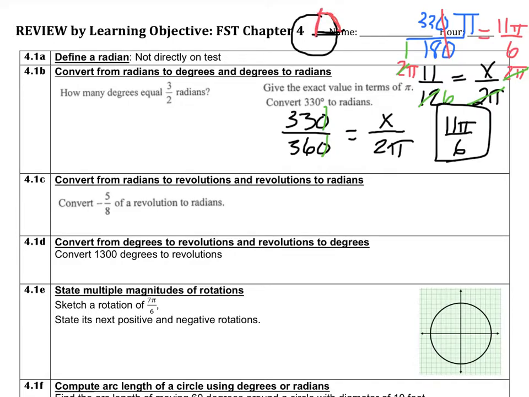Easiest way to do this is just set up a proportion. We want to go from degrees into radians and vice versa. So 360 for a circle. The radians would be 2 pi's. I don't know the degrees, but I know that this is 3/2. Now what you need to do is, here we have a complex fraction, which is a fraction and a fraction. Let's get rid of the denominator.